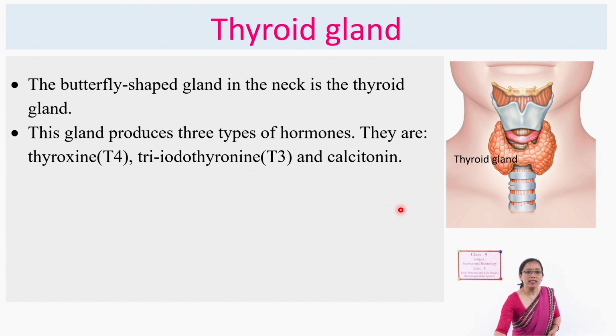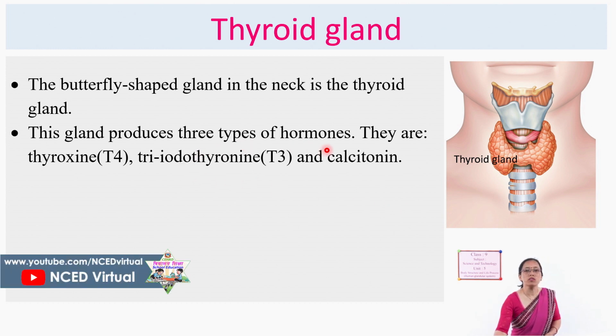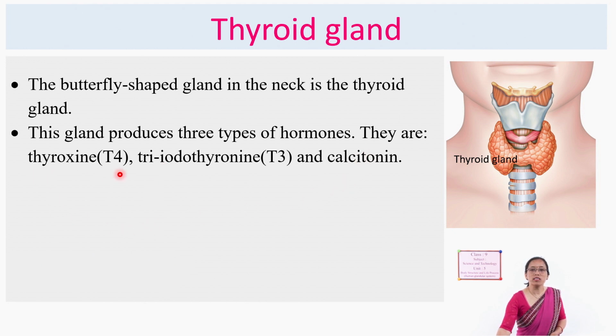See here, there are three types of hormones secreted by the thyroid gland. What are those? Thyroxine hormone, which is called T4, triiodothyronine, which is called T3 in short, and another one is calcitonin. That means each and every one of these hormones has a specific function in our body.